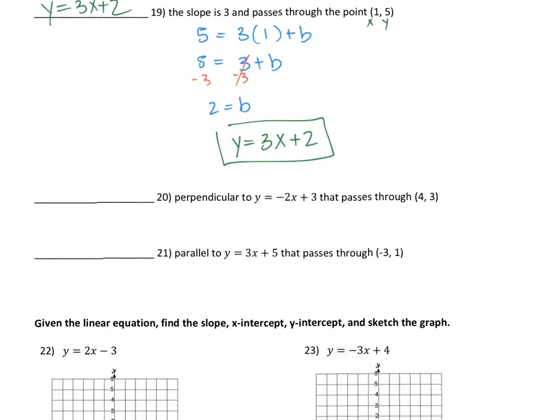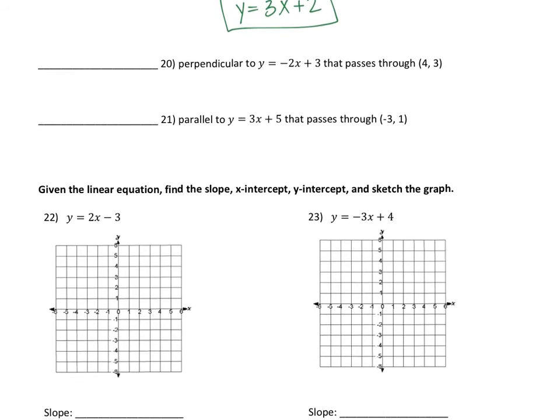Let's try a trickier one, like where they will ask you for perpendicular and parallel lines. So if you want something that's perpendicular, remember perpendicular lines are opposite signs and they also are reciprocal. That's really important. So reciprocal means it's basically the fraction, but it's flipped.